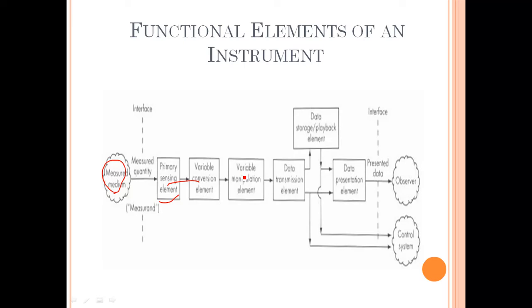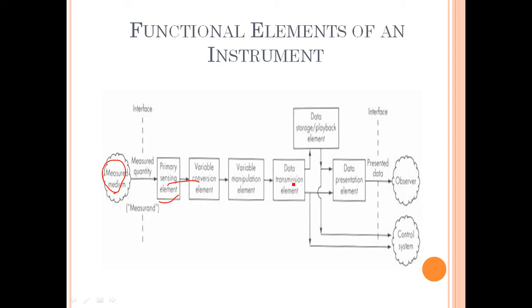Manipulation can be done in terms of amplitude so that a signal can travel from one part to another part, or from one end to the remote end, or to a system which is kept at a remote area. This can be done using an amplifier. So variable manipulation element can easily do the signal conditioning part.